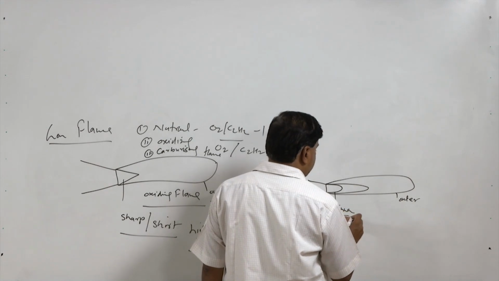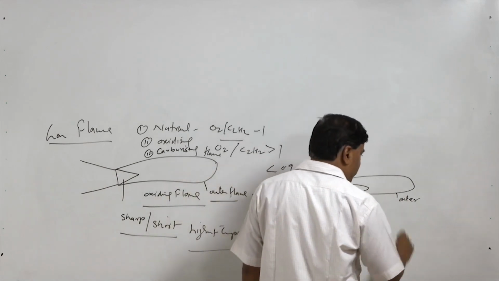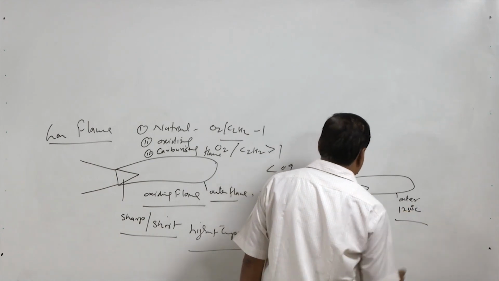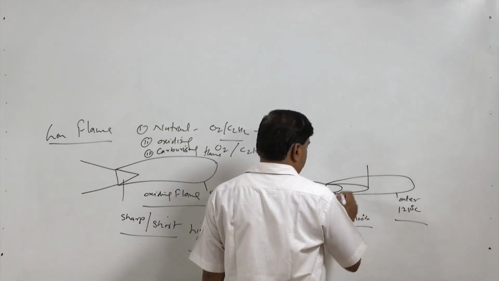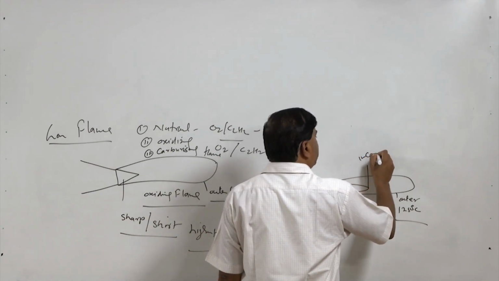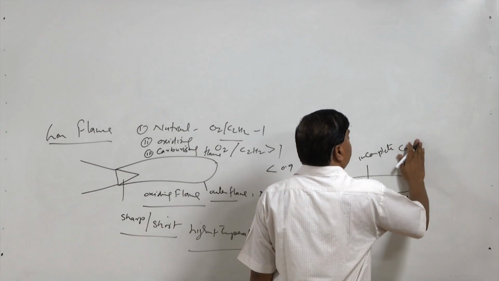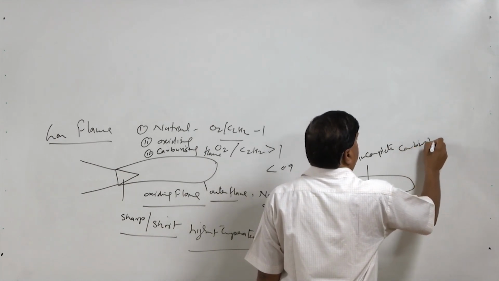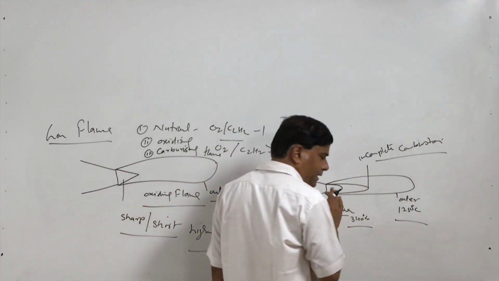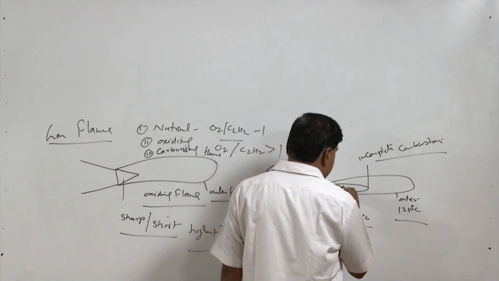The inner cone of course has the higher temperature, say 3000 or 3100 degrees centigrade in a carburizing flame, and the outer flame is around 1250 or 1260 degrees centigrade. The third cone suggests incomplete combustion.